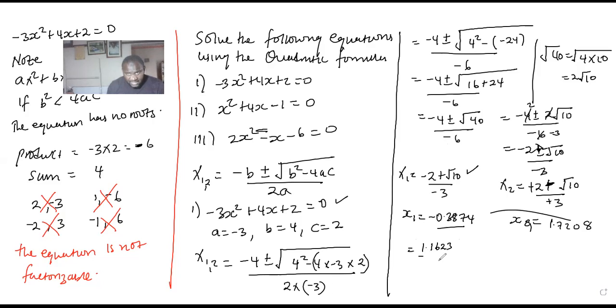Divide by negative 3. The answer is negative 0.3874. When you divide by negative 3, the answer is a negative, because division and multiplication behave the same way. Where the sign changes in multiplication, it also changes in division. Okay? So it has to remain negative.